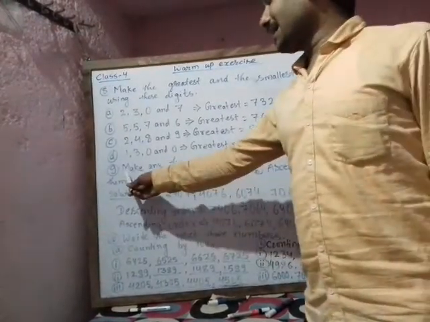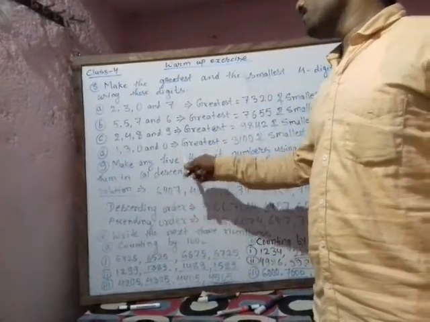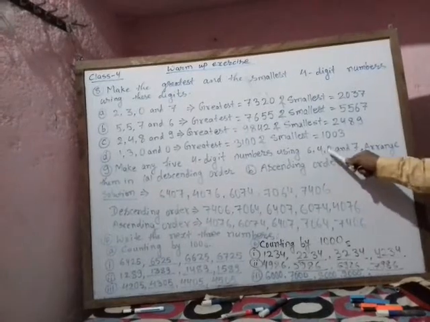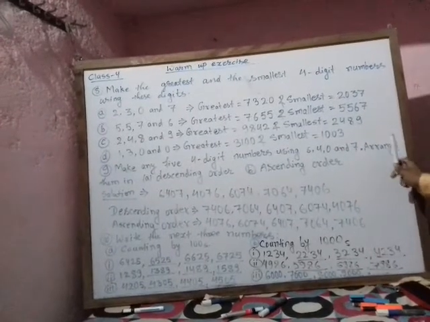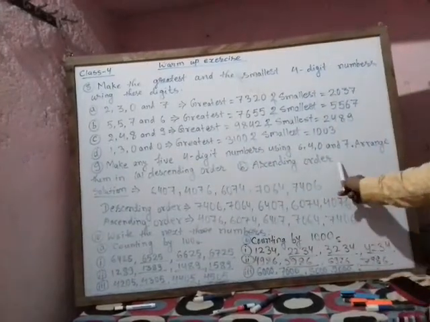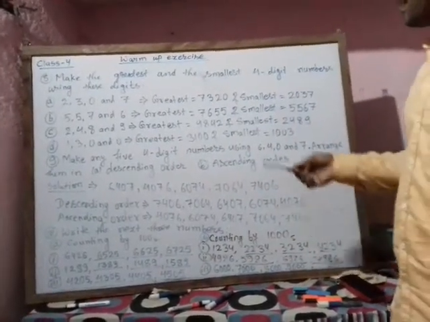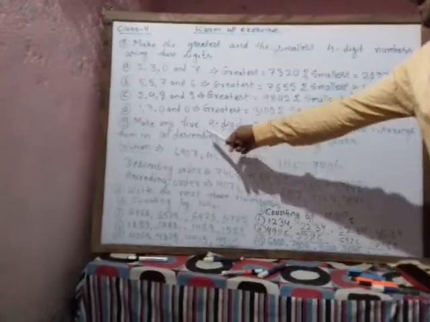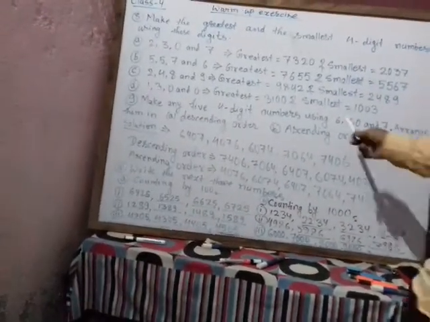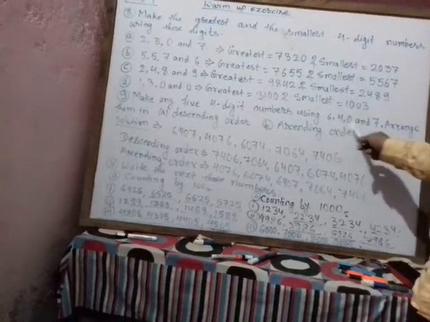Now let's see question number 9. Make any 5 4-digit numbers using 6, 4, 0 and 7. Arrange them in descending order and ascending order. So first you have to make 5 4-digit numbers from 6, 4, 0 and 7.